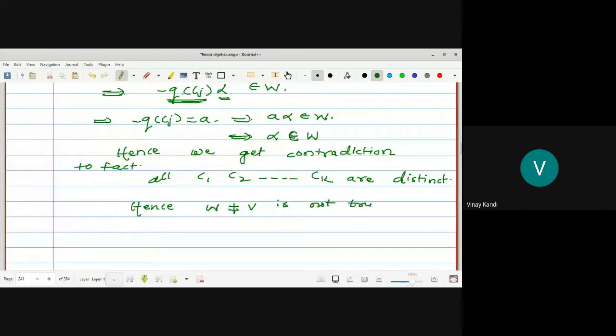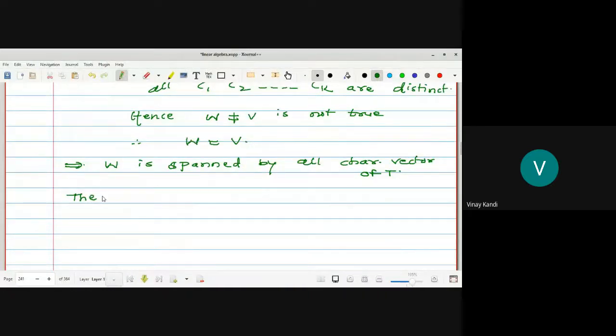Therefore W must be equal to V. That implies V is spanned by all characteristic vectors of T. So by the definition of diagonalizable, the linear operator capital T is diagonalizable. Is it correct? Any doubt up to here?